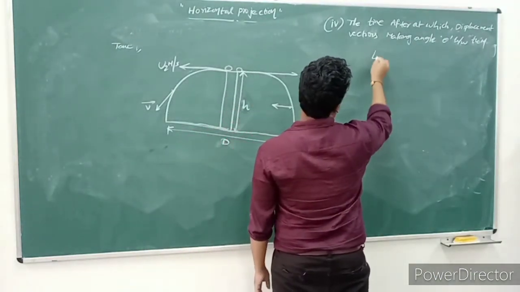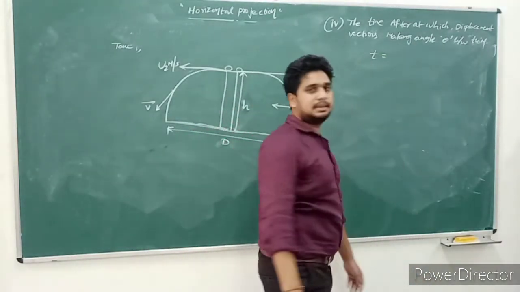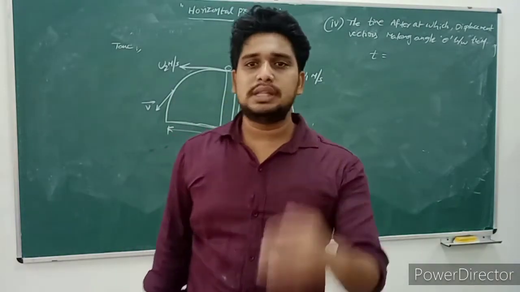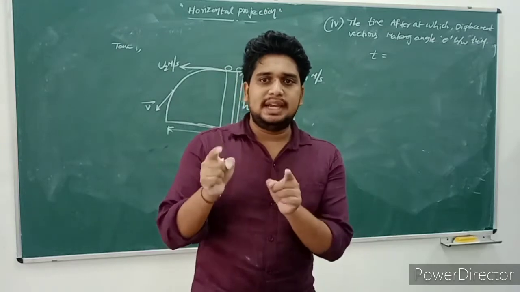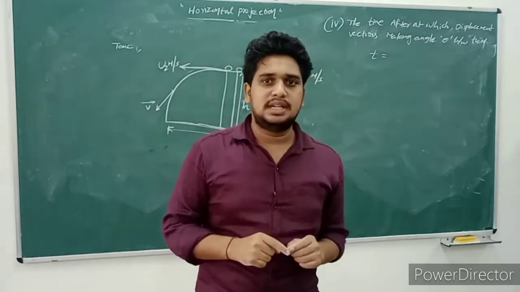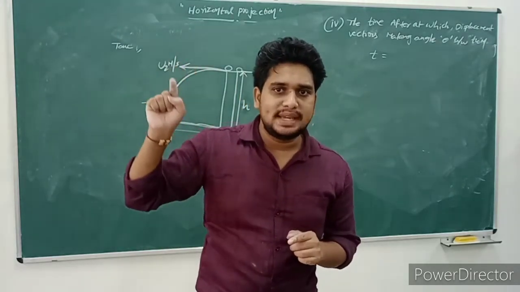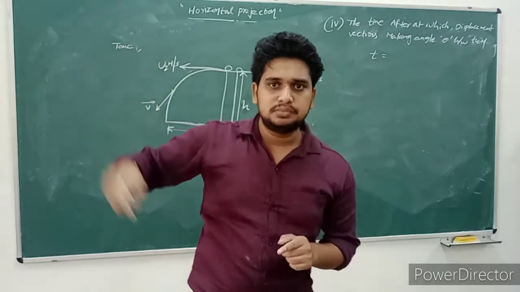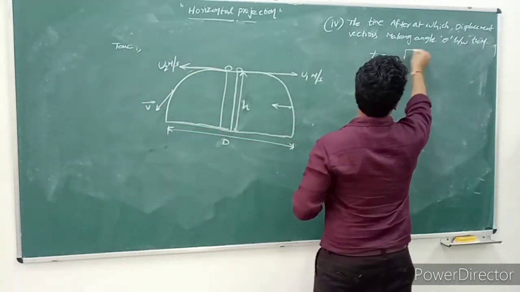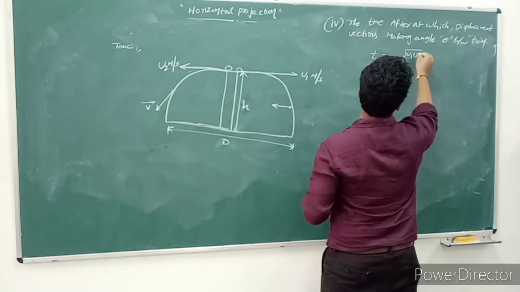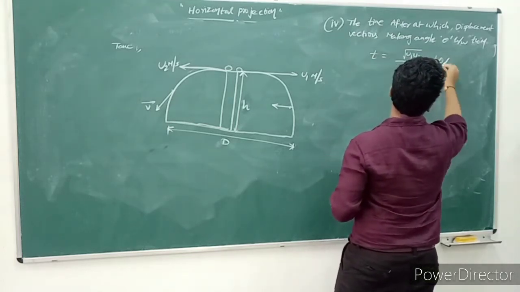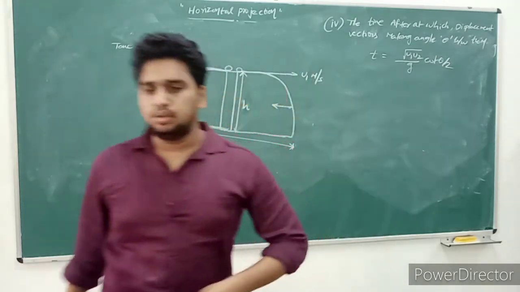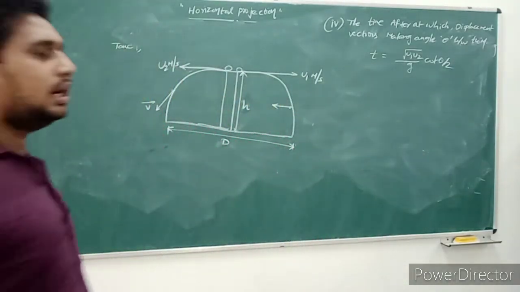So before that, the time at which velocity vectors are making an angle theta between them is root u1 u2 by g into cot theta by 2.